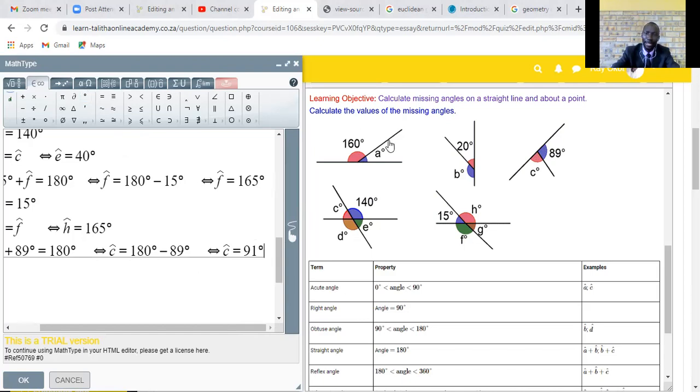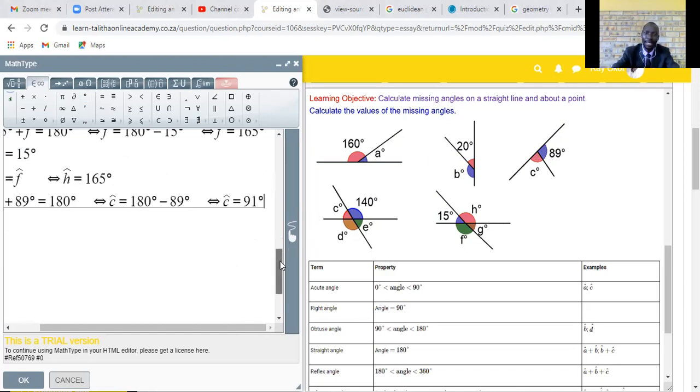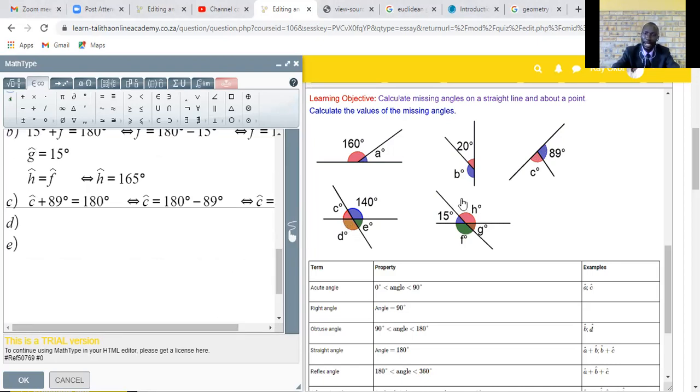We then move to calculate angle B. Now, to calculate angle B, which property are we going to use? Well, notice that angle B and angle 20 degrees are the only angles on this one straight line. And so we say this angle B and this angle 20 degrees add up to what? They add up to 180 degrees.